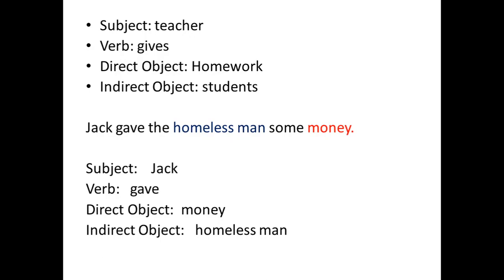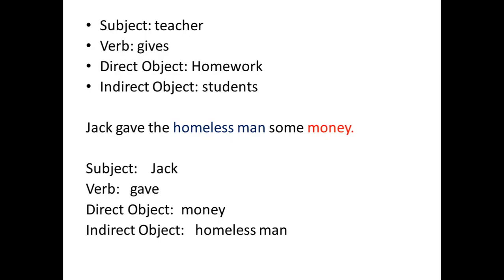Jack gave what? This is the question. What does Jack give? Jack gave money, so money is your direct object. And who is the one receiving the money? It's the homeless man. That's it.